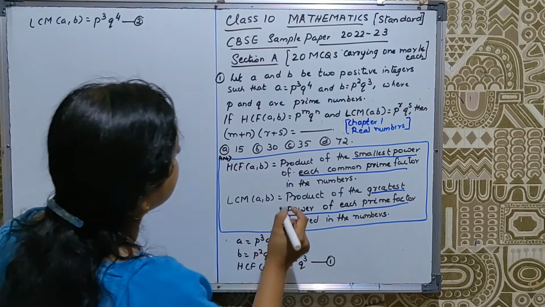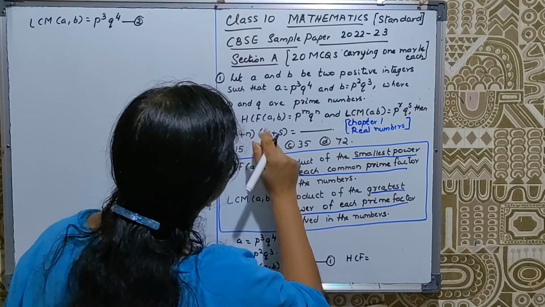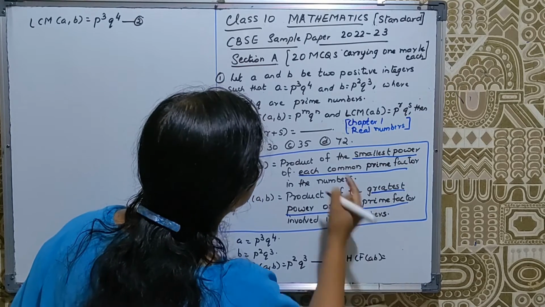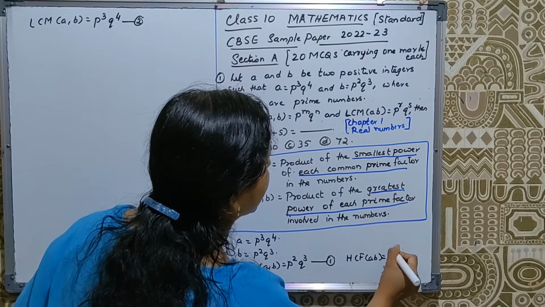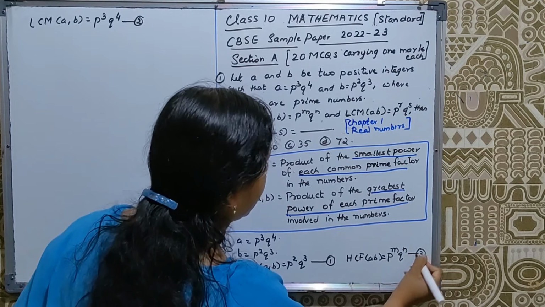HCF of A comma B, I'll write as P raised to M into Q raised to N. I'll name it as equation number 3.